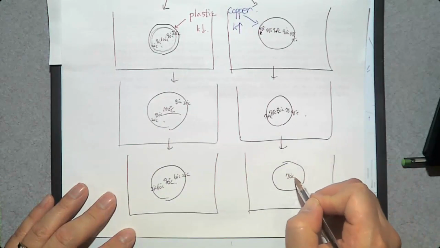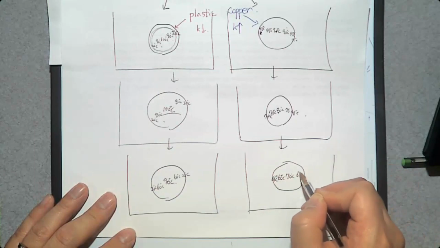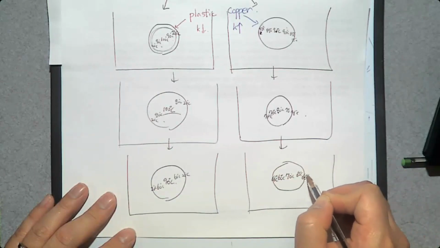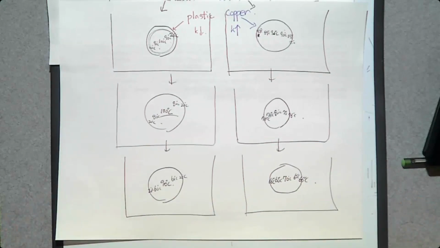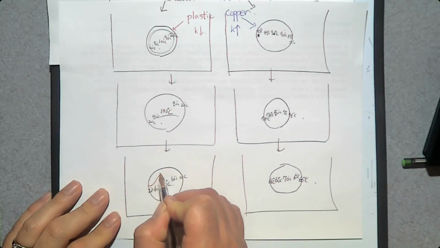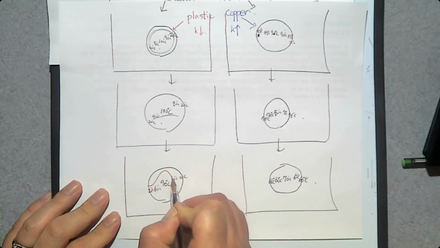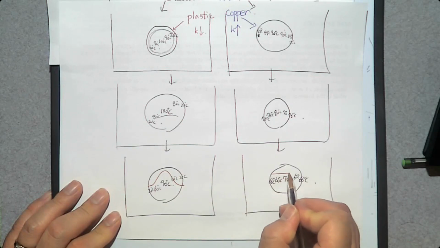So 70, 68, 66. On the left-hand side, the temperature gradient from the center of this solid to the surrounding fluid is going to be extreme. So this is the temperature distribution within the solid. On the other hand, the temperature is almost uniform.